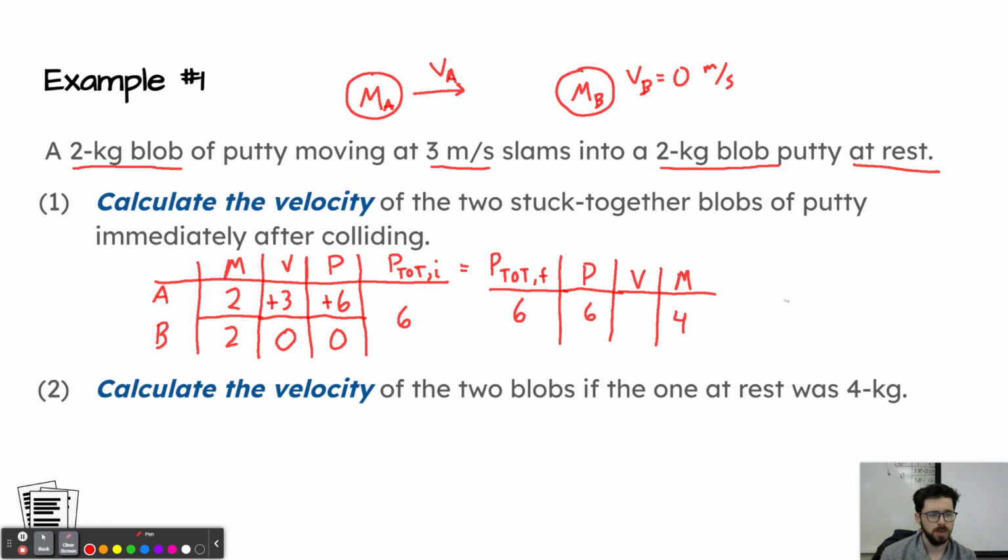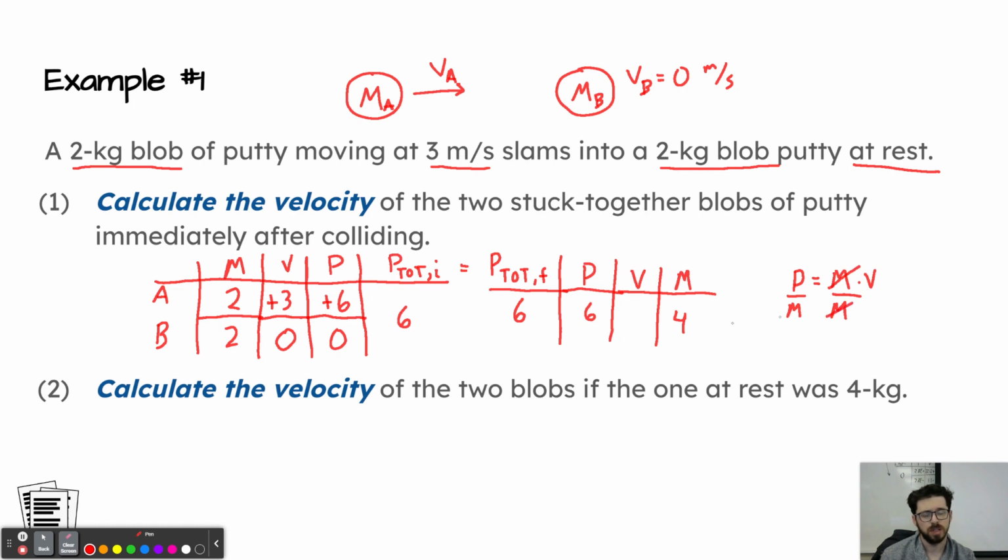And so how do we solve for this? Well, by definition, momentum, P, is equal to M times V, and so we could go ahead and divide the mass to the other side. Let's go ahead and cancel out mass.